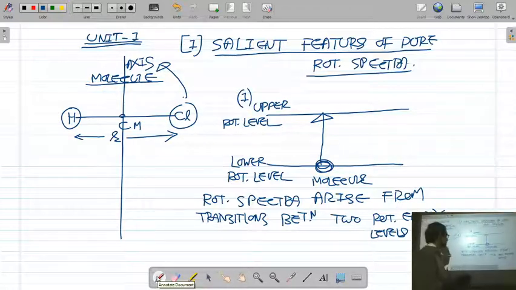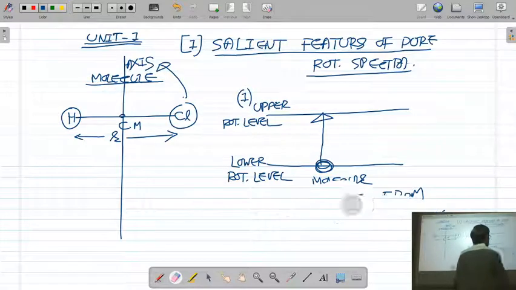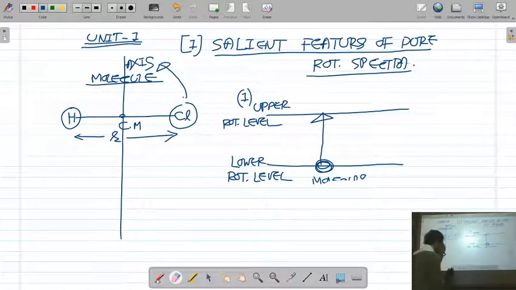As I told you, when the molecule makes a transition between two rotational energy levels, then we get rotational spectra.